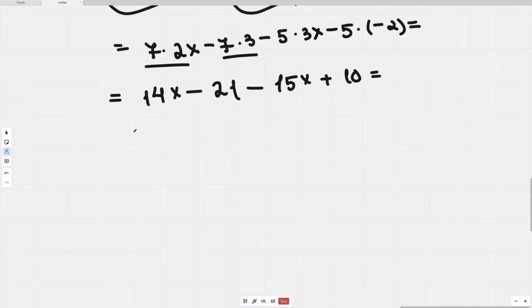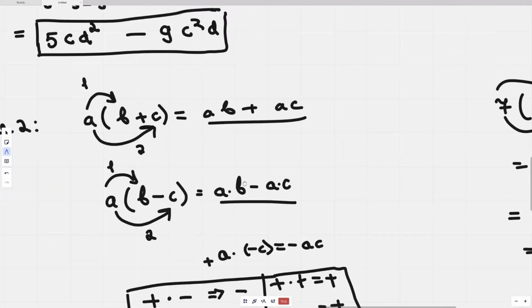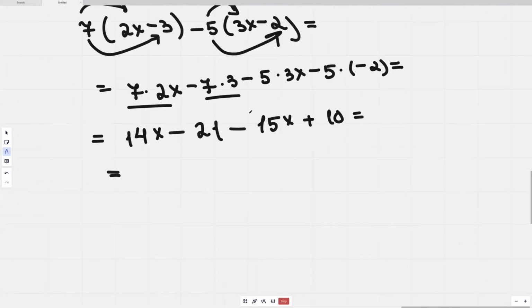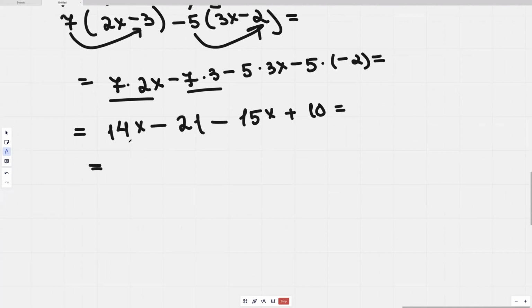Then we have to apply the rule from the first example I showed you. Firstly, we have to find the like terms here.